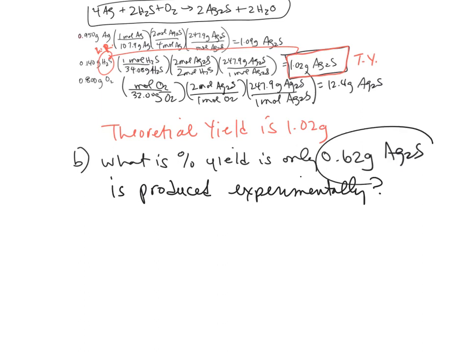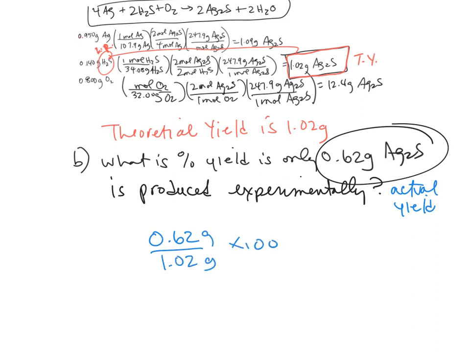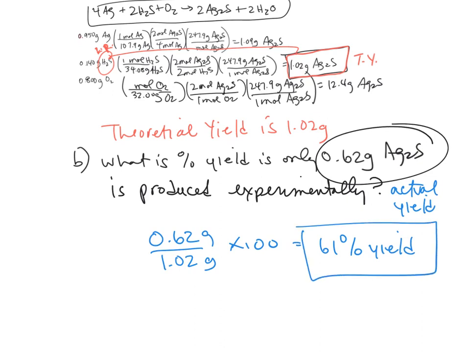This right here is your actual yield. So you're going to say your actual yield divided by your theoretical yield times 100 will be the percent yield. 61% yield is a reasonable expectation for a laboratory experiment.